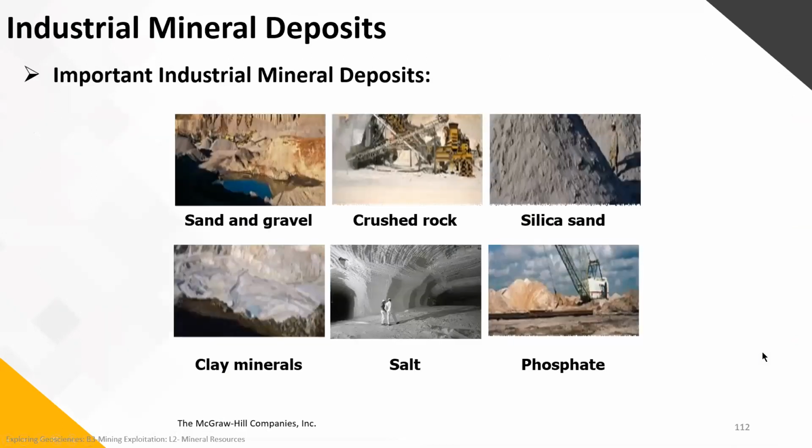If we move on a little bit, a little bracket for the industrial mineral deposits, which could be a completely different lesson. The most important industrial mineral deposits are known as the sand and gravel, the crushed rock, silica sands, the clay minerals, the salt, and the phosphate.